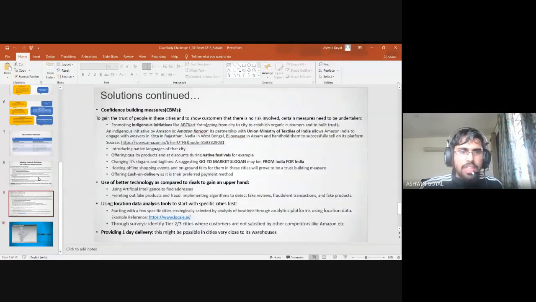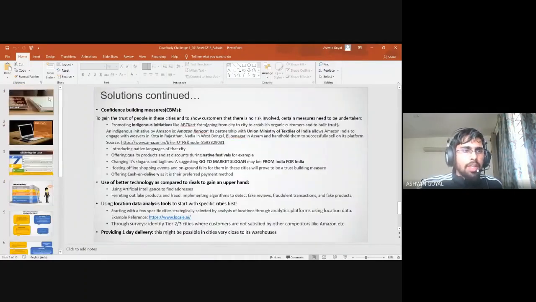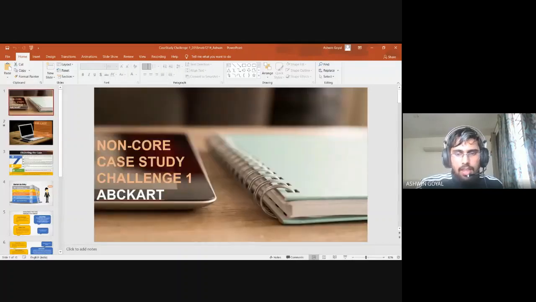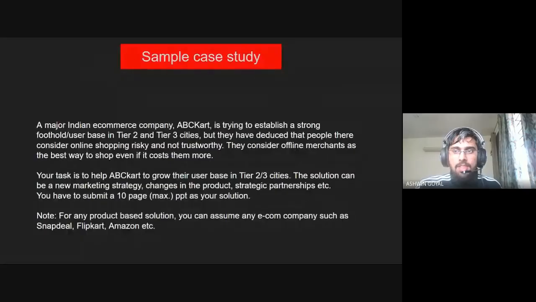I think there was a 10 slide limit, so I made 10 slides only. But I think this gave you a very good idea of how we can make consulting presentations, at least at our level. We are not masters at doing this, but we can at least solve a case through a structured analysis. Structure is one very important thing within consulting, that's for sure.